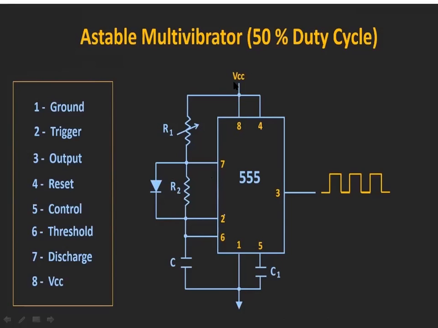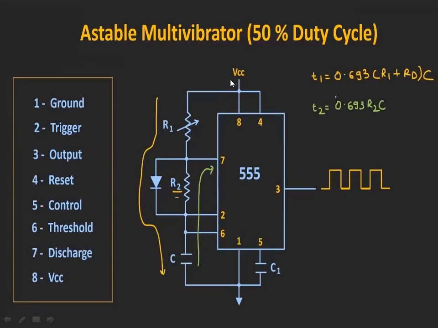The capacitor is going to acquire charge through R1, and during charging this is positive, this is plus VCC, so the diode will be forward biased. We know that the current chooses the low resistance path. So when it is going to charge, it is going to charge through the diode. It is not utilizing the R2 resistance during charging. It is going to acquire the charge through R1 and the diode resistance only.